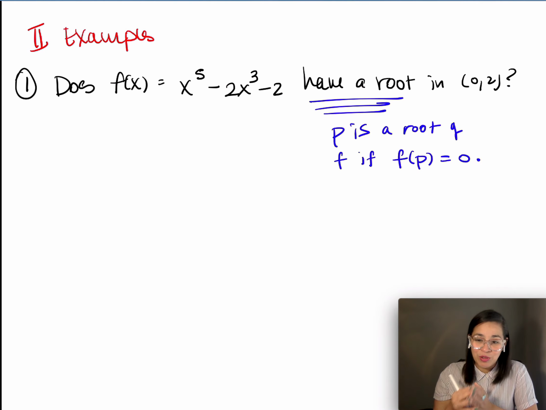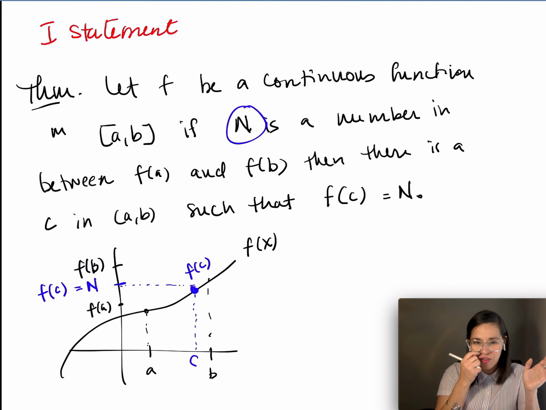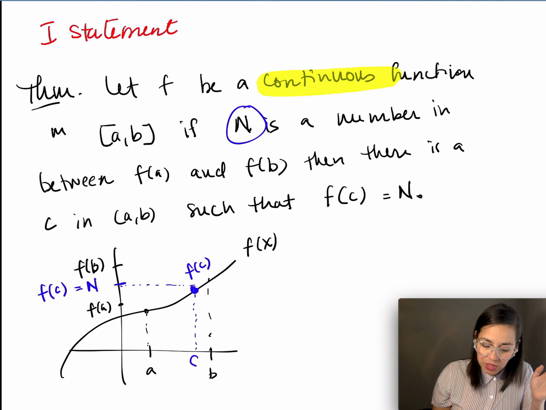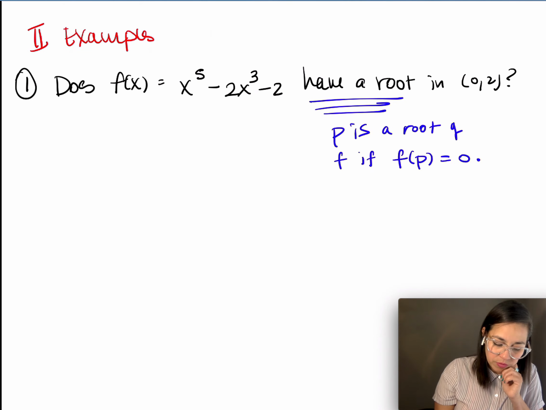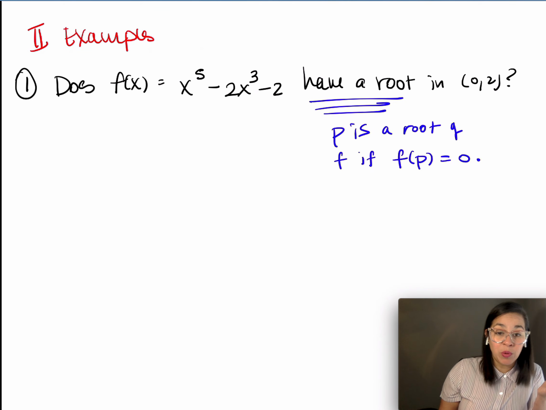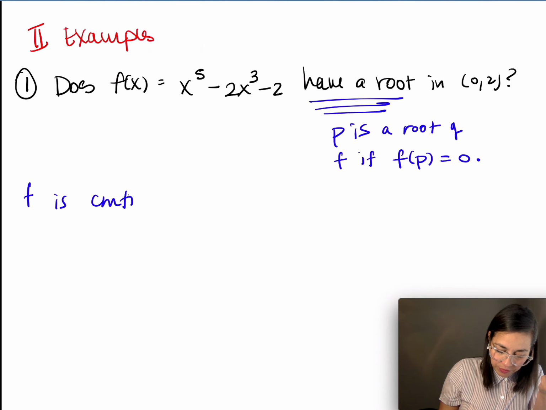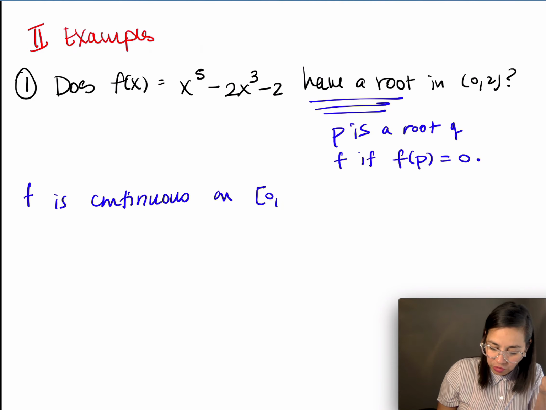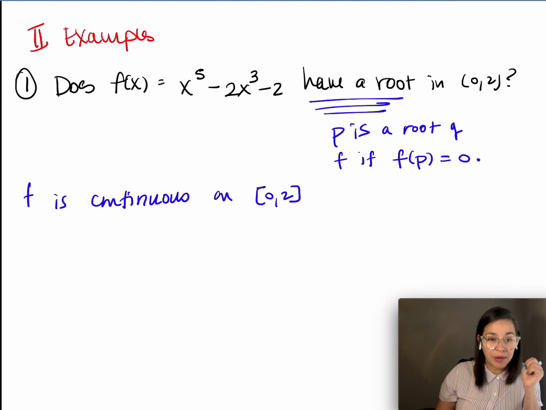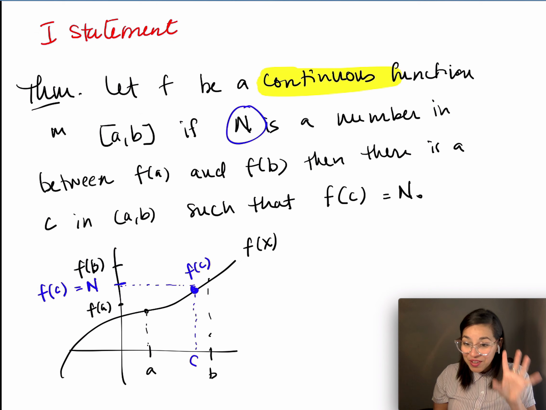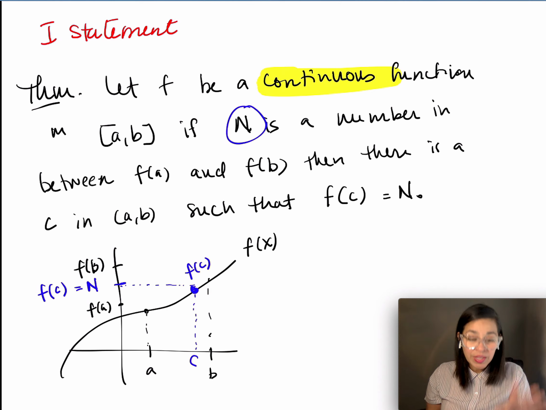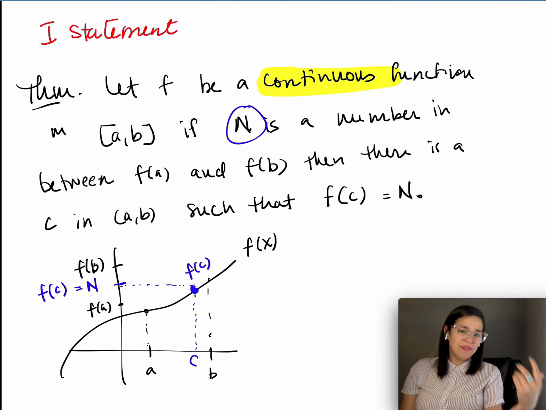Okay? So, of course, this is the intermediate value theorem video, so you want to try to apply it. The very first condition is you need your function to be continuous. So I go, well, my function is a polynomial, so we know that f is continuous on [0, 2]. For sure, it's a polynomial. Then the next part is, if n is a number in between f(a) and f(b).